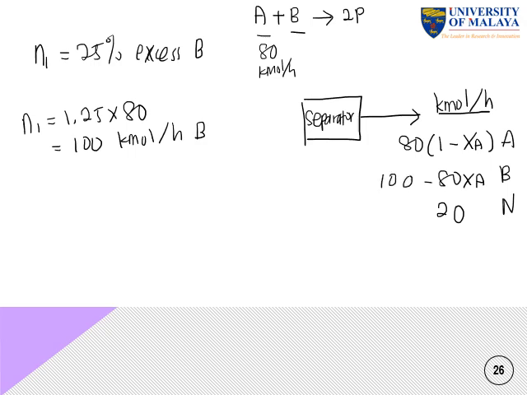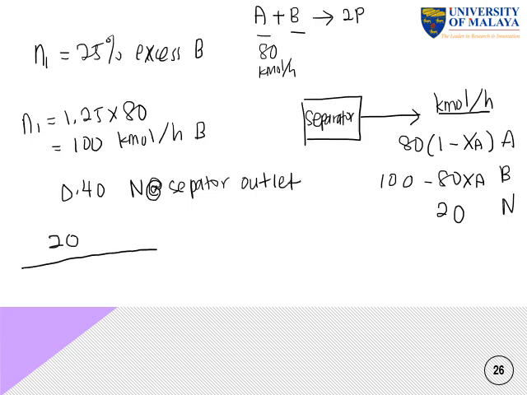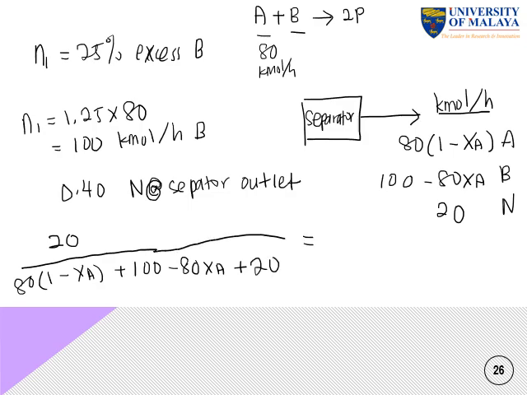Using the information of 40%, or 0.40 mole fraction of N at the separator outlet, N is 20 kilomole per hour divided by the total number of moles: 80 times 1 minus XA plus 100 minus 80 XA plus 20, equal to 0.40.